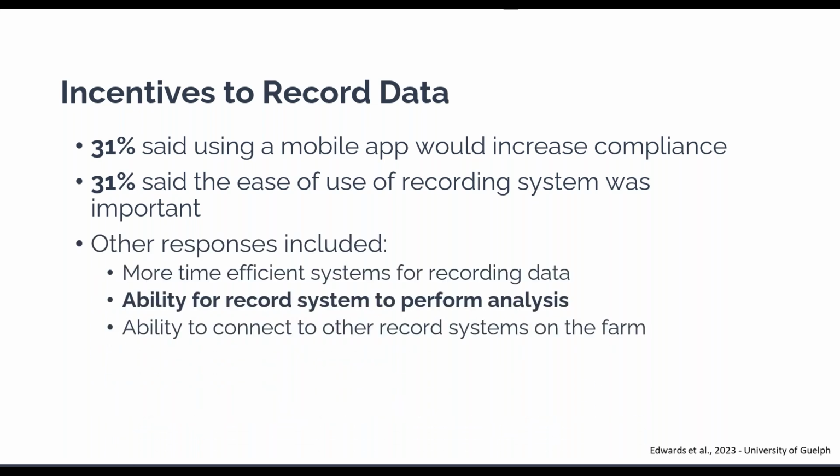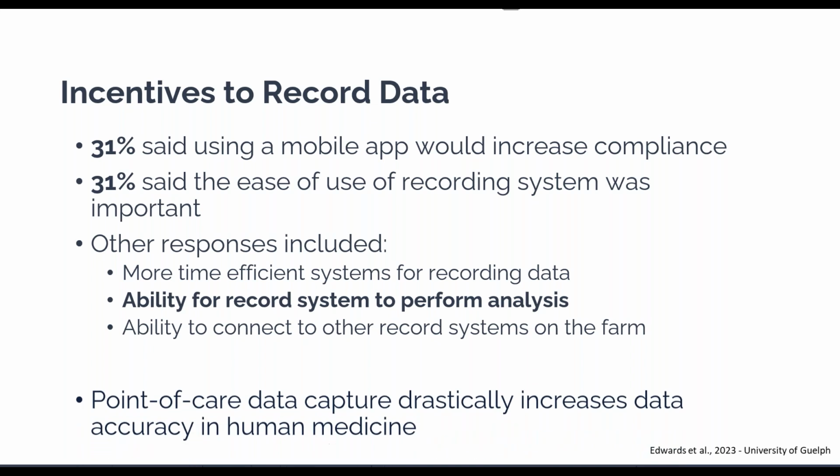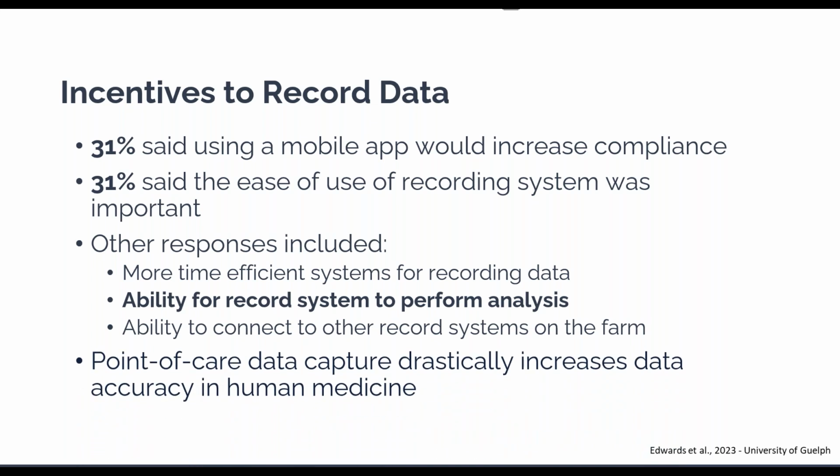They also said more time efficient systems and connecting to other record systems, but also the ability to record and analyze the data. And the last one that they found was that point of care increased accuracy of data in human medicine. So it's an interesting application to pull over to our farming systems.